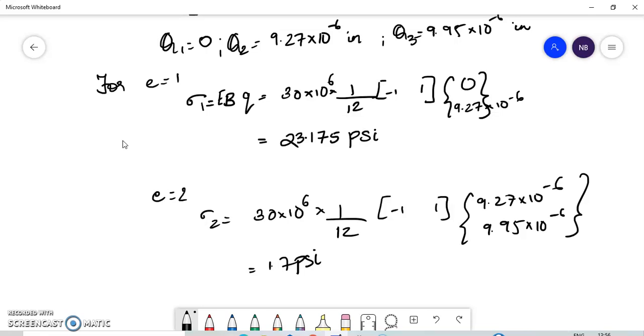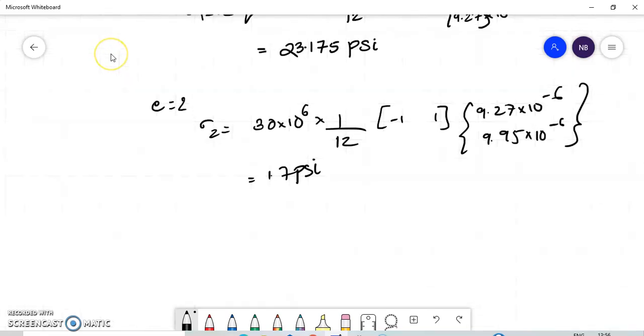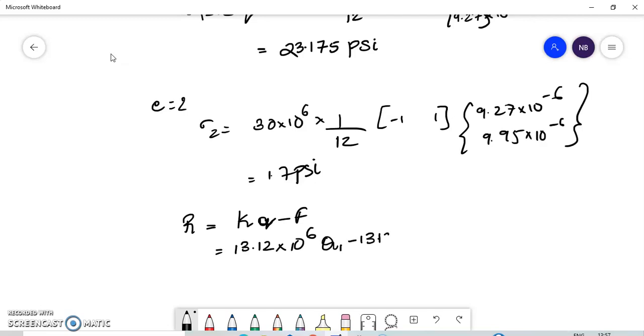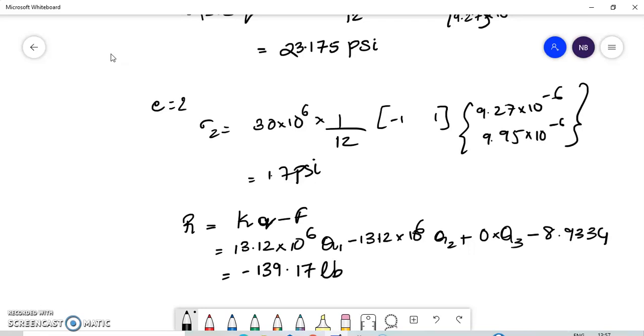To find out the reaction at node 1, the calculation requires the first row of the K matrix, that is the 3 by 3 K matrix obtained earlier, and the externally applied load. Okay, so we need the first K matrix. We'll get the reaction as KQ minus F, that is 13.12 into Q2, the 0 into Q3 minus 8.9334, and this we get as minus 139.17 pounds.